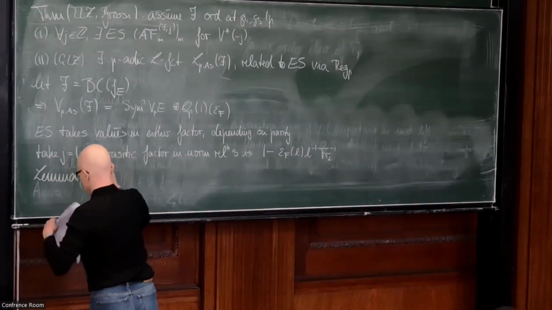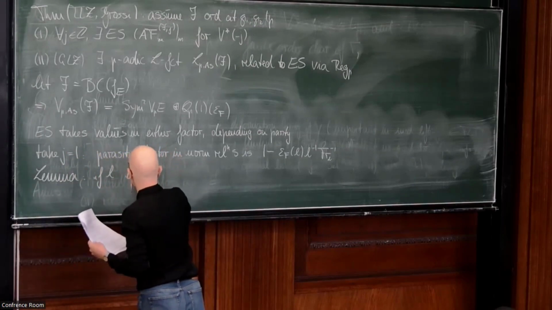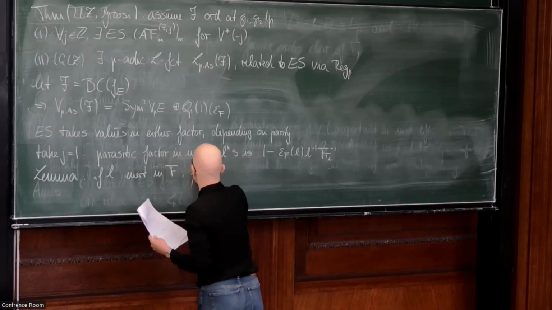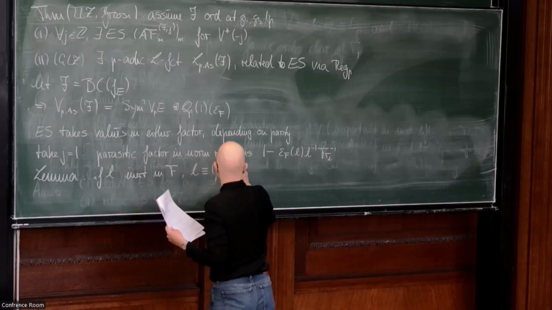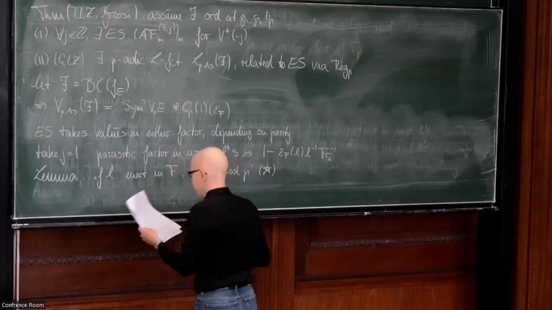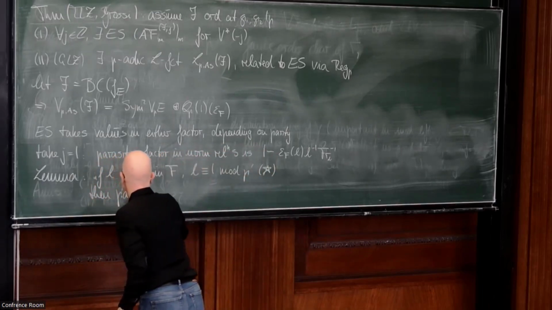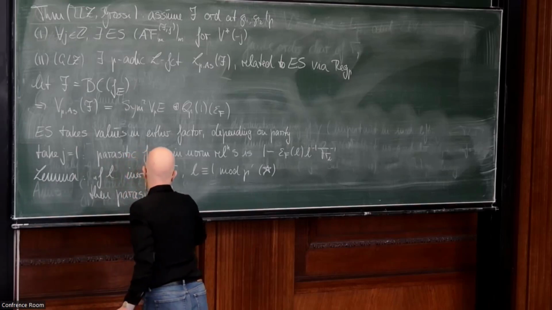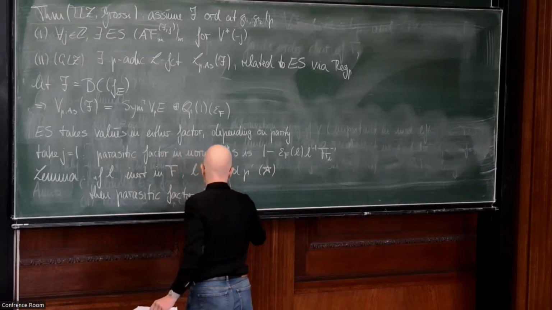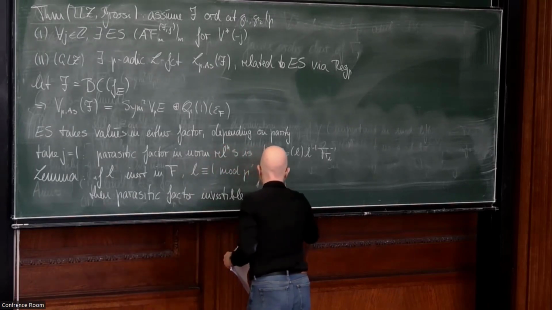If l is inert in F, and l is congruent to 1 modulo p, let me call this condition star, then the parasitic factor is invertible in this group ring.